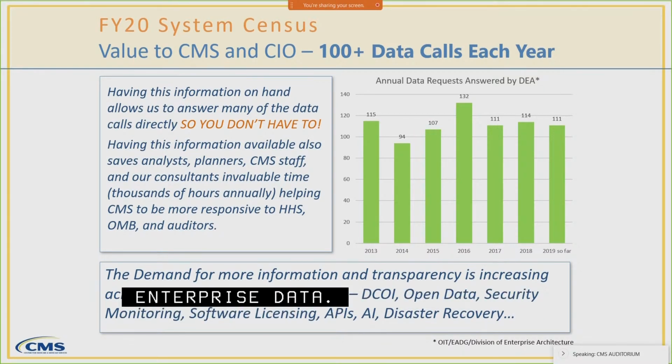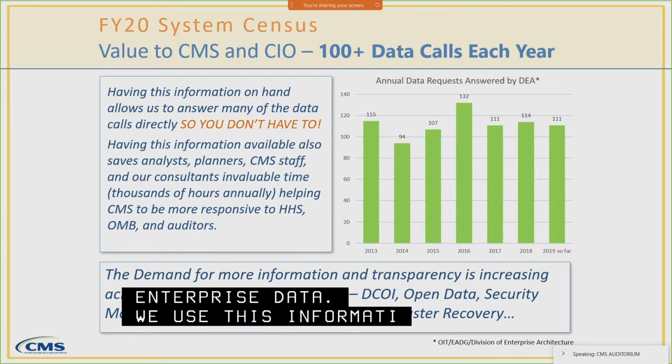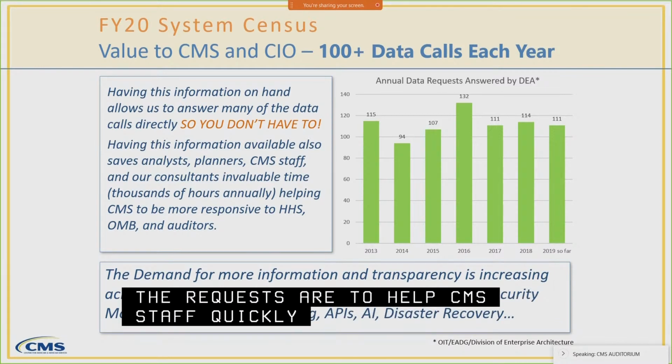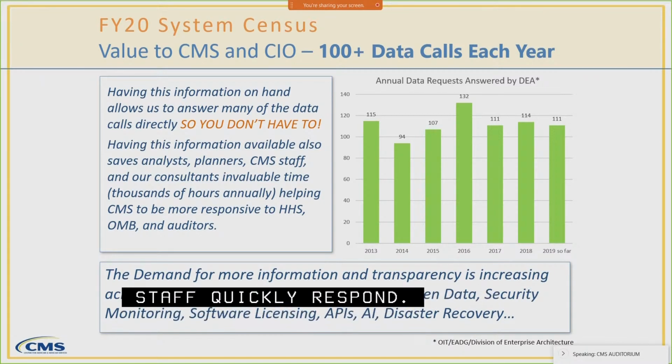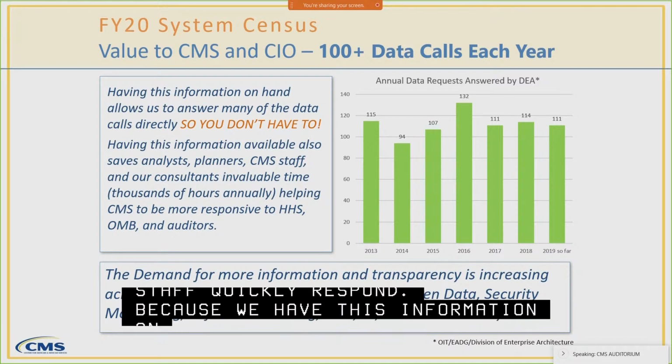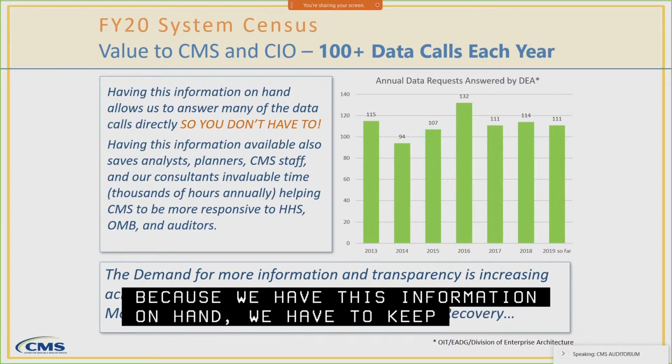Many of the requests help CMS staff quickly respond to auditors and ad hoc reporting for HHS and OMB. Because we have this information on hand, we don't have to keep asking business owners for it as data calls appear each week.